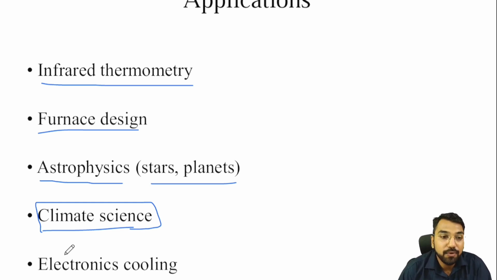If you think about our earth, the major heat energy comes from the sun, you know that. But due to the geometry of our earth, the equator and the poles have a difference in temperature.